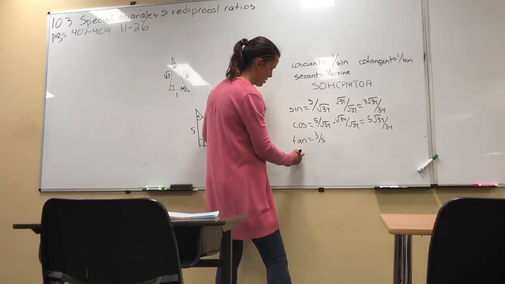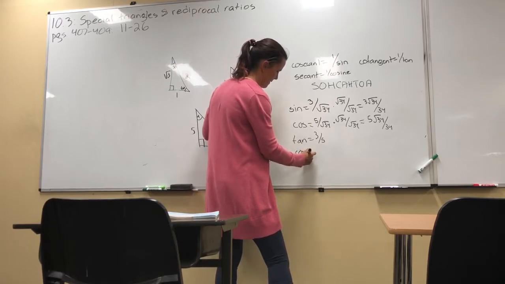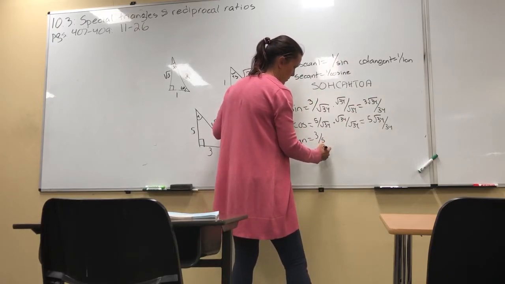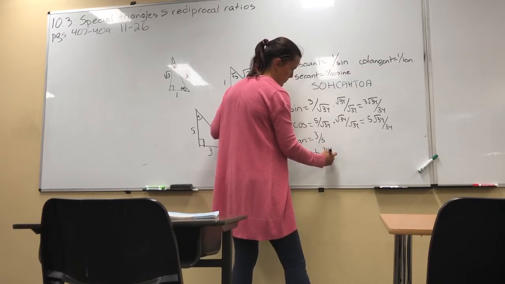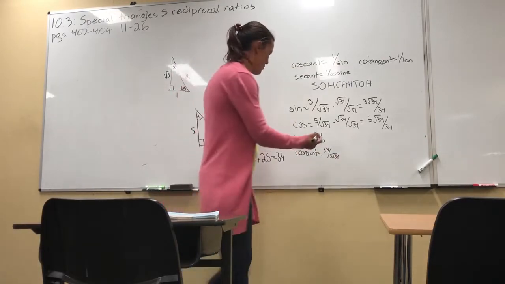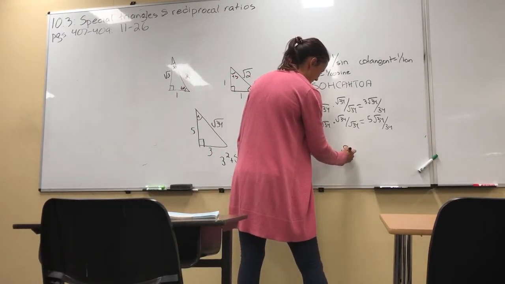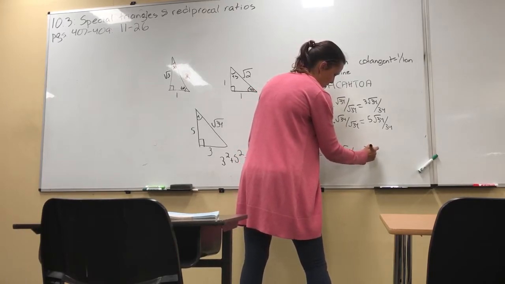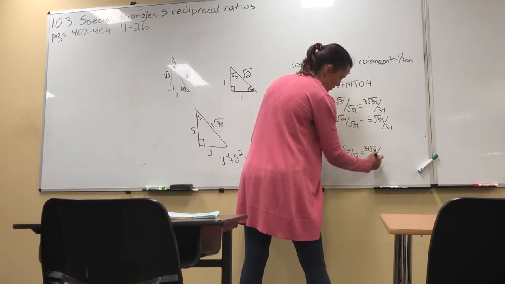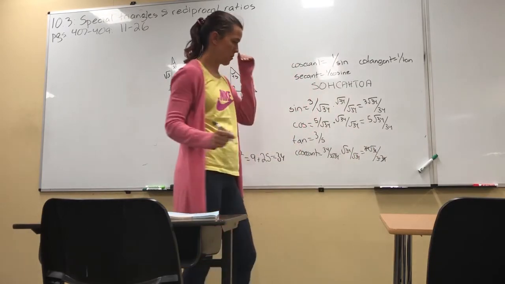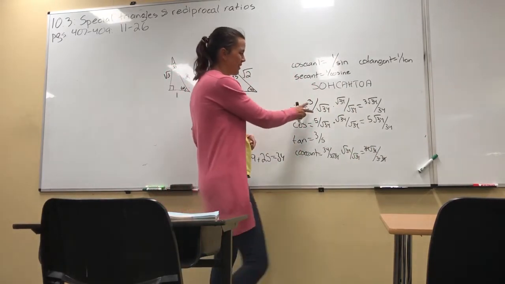So the cosecant is just going to be that flipped over, except remember we don't like the square root at the bottom, so we have to multiply it again. This is 34 square root of 34 over 3 times 34. Those cross out. So it's square root of 34 over 3.